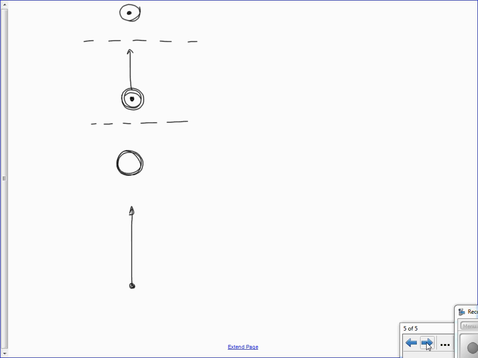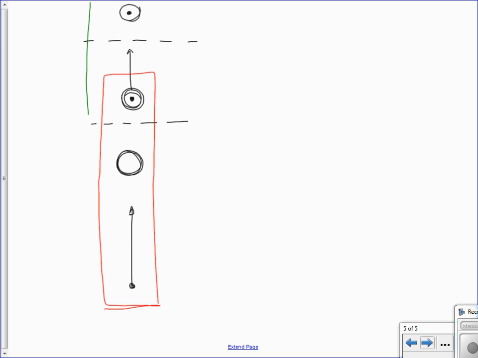So now we have a two-body interaction, we have an energy conservation, and we have the overlap.